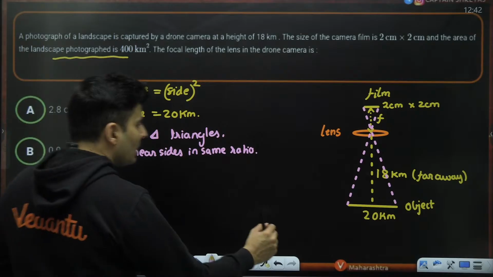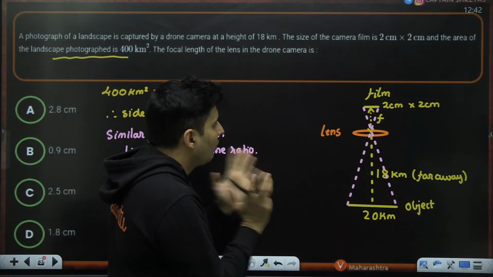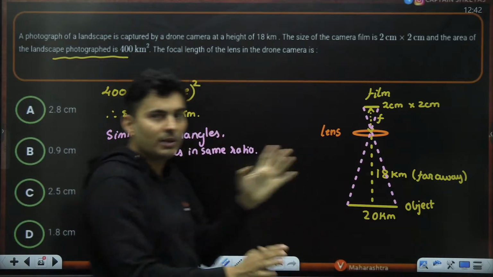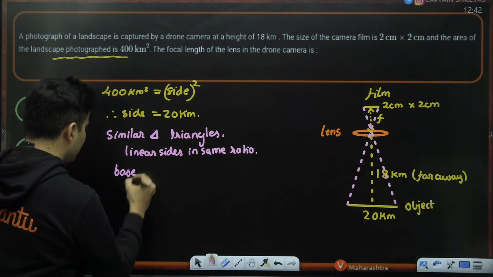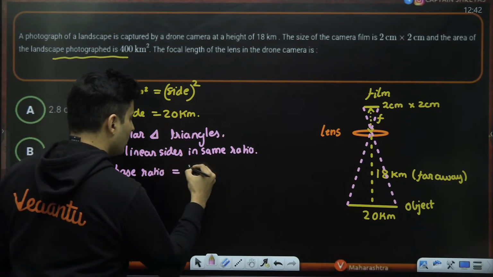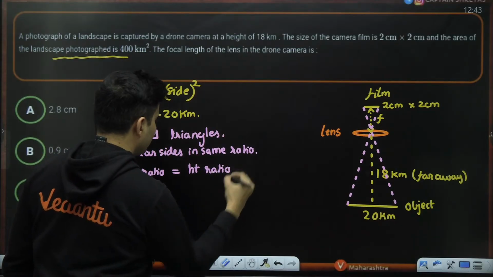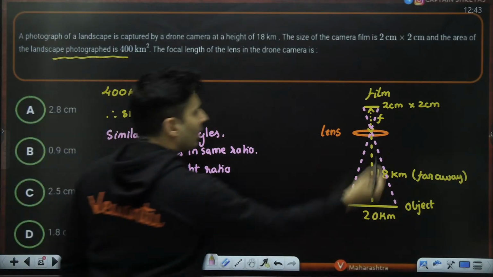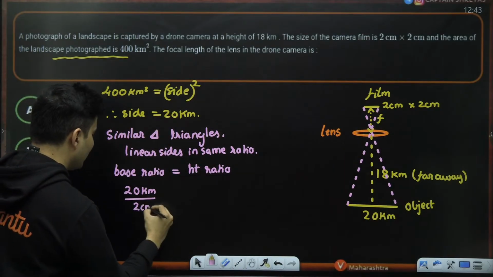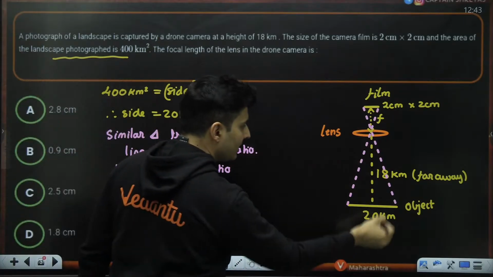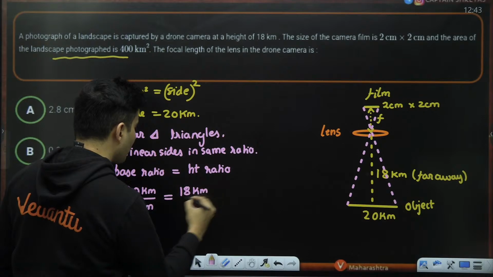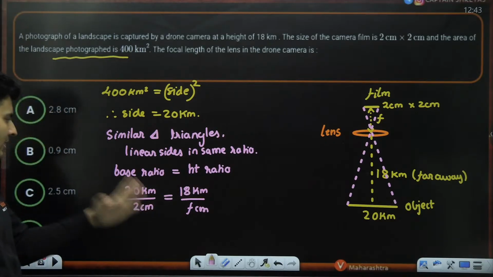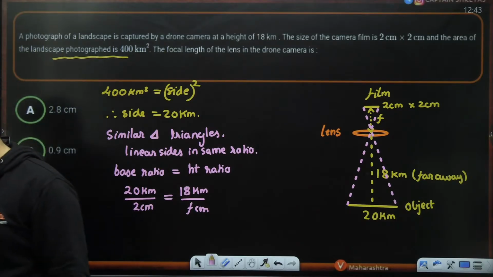So the base ratio will be equal to the height ratio of the triangles. The base is 20 kilometers by the base over here, that is 2 centimeters, equal to the height ratio: this height is 18 kilometers divided by this height, which is f centimeters. Centimeter, centimeter, kilometer, kilometer, they basically cancel off. Everybody can see that?